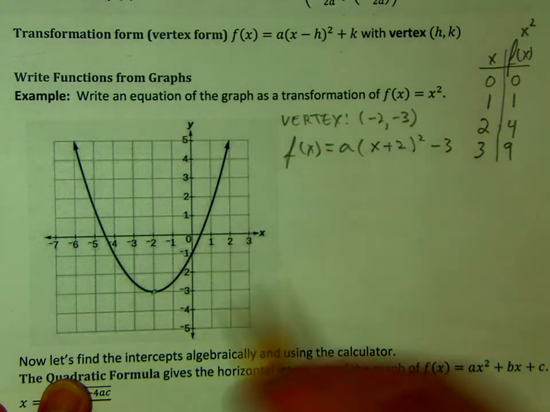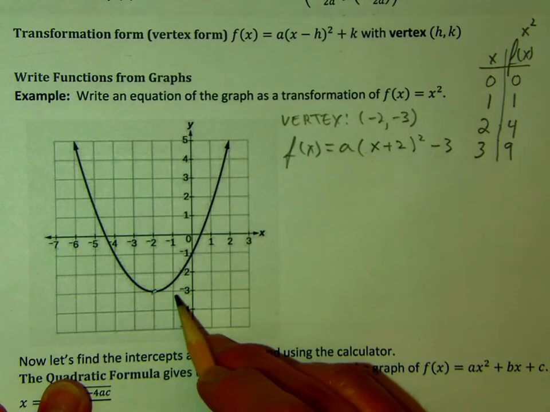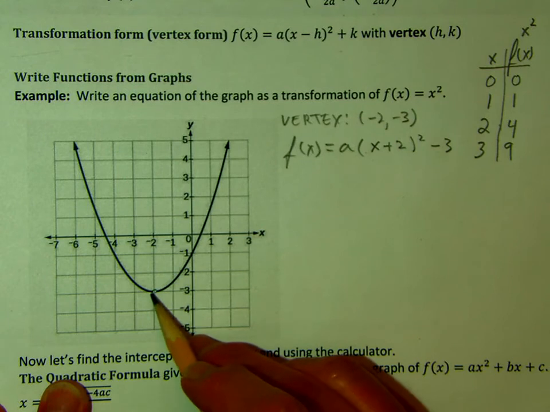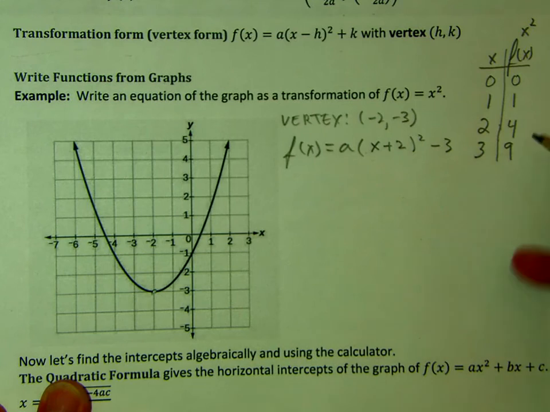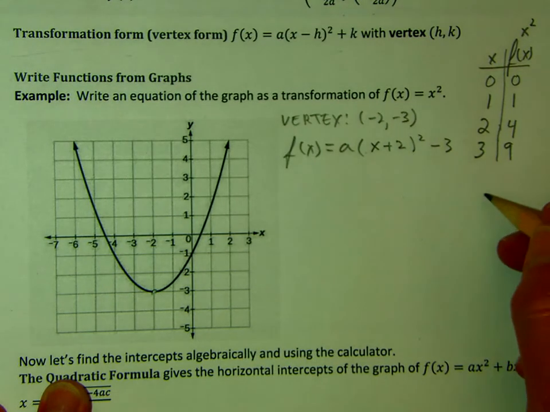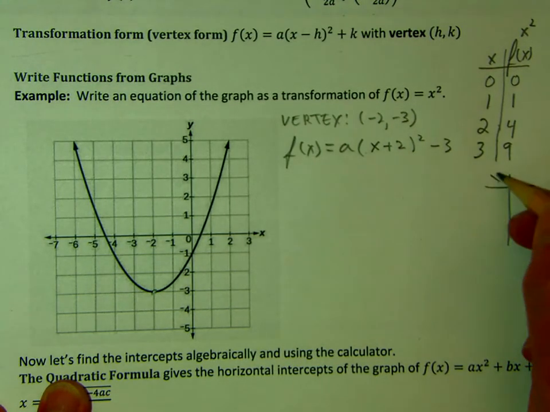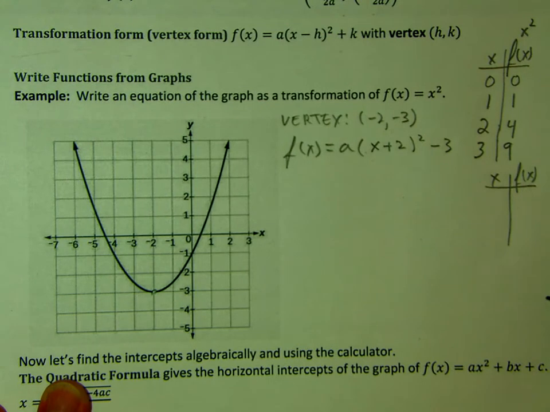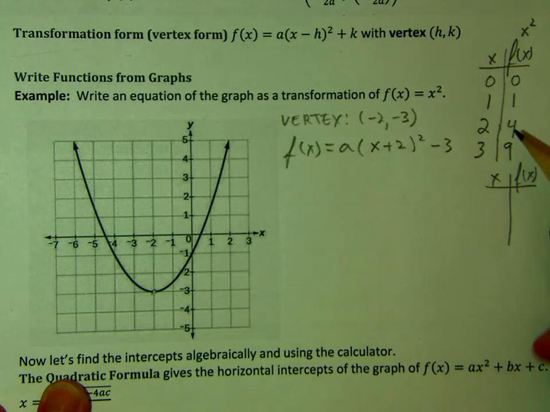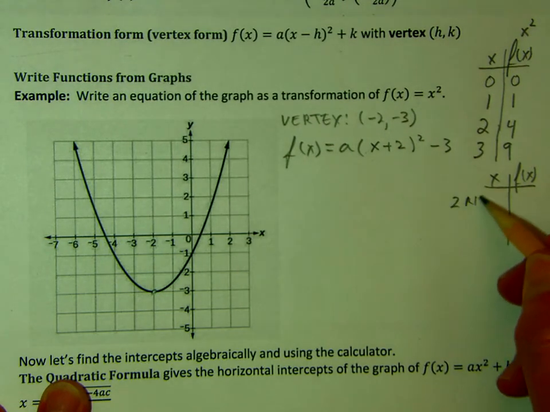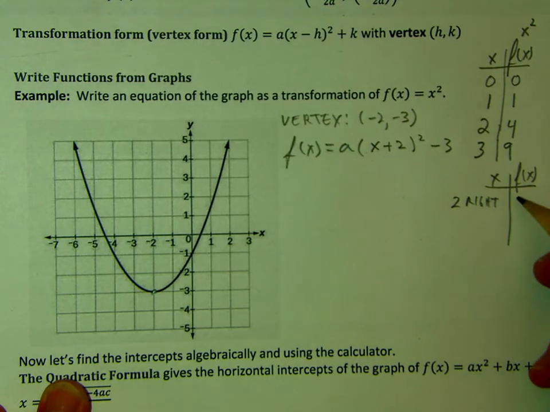Now, when I look at this function here, when I go 1 unit to the right, it is less than 2 up. When I go 2 units to the right, it is exactly 2 units up instead of 4. So if we just keep track of these from our new function, 2 to the right, we go up 2.